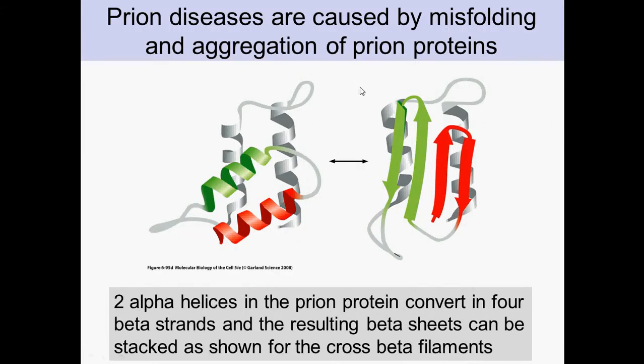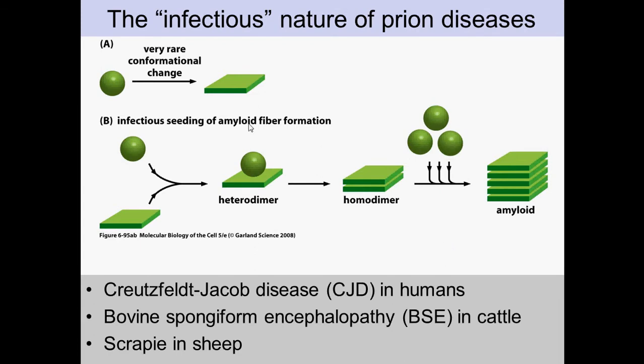This is a normal one with the 4 alpha helices, and here we have 2 alpha helices and 2 beta sheets, the anti-parallel ones. This anti-parallel structure is going to make the protein sticky. So that's a normal protein, and there's a sticky one.